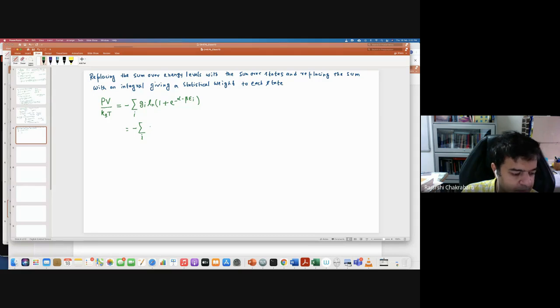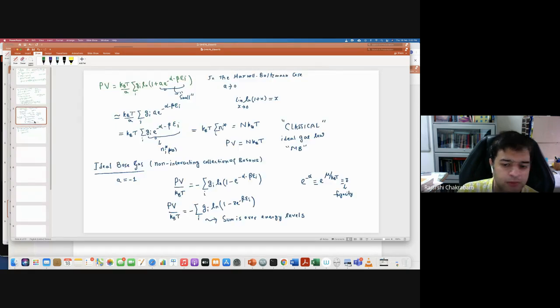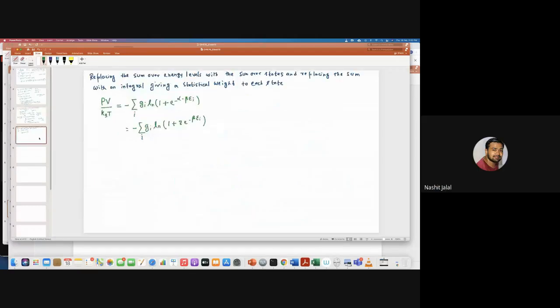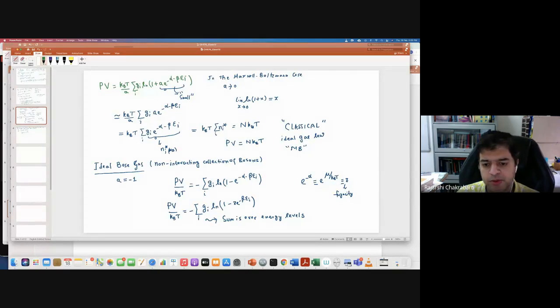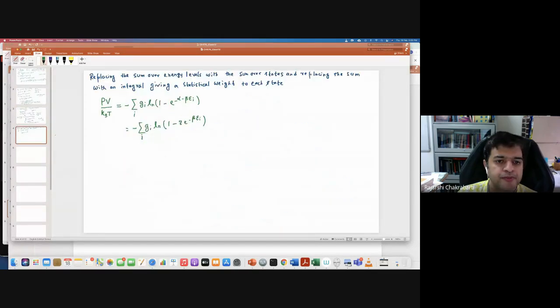So I had something like... I hope that was the expression, isn't it? A minus sign, yes, minus should be there. So this is the expression we had for bosons. Just go and check.